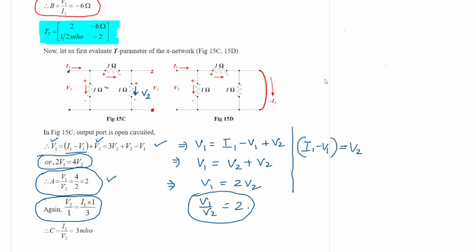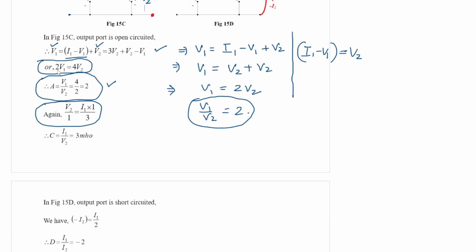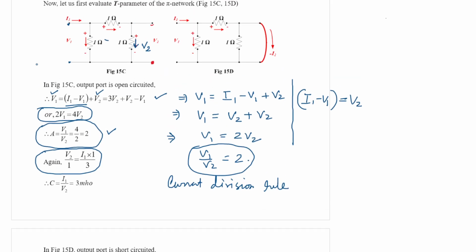So this current, using the current division rule, this V2 should be equal to the total current, which is I1, into the resistance of the other branch, that means this 1 ohm, divided by total resistance.